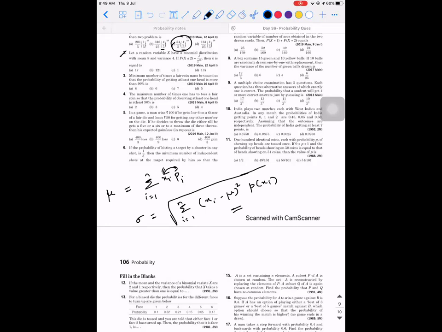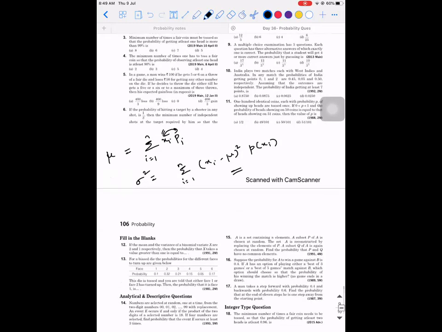Sorry, variance is the square of this one. What I wrote is standard deviation, so sigma is this thing. Sigma square is the variance, and the standard deviation will be the square root of variance.